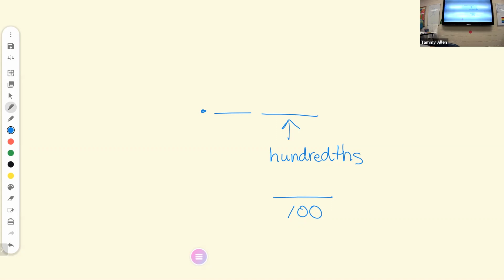Okay. Can you use the number on this one card?